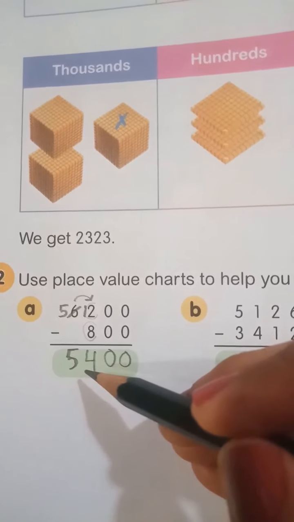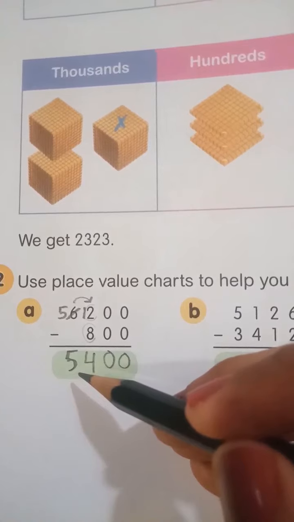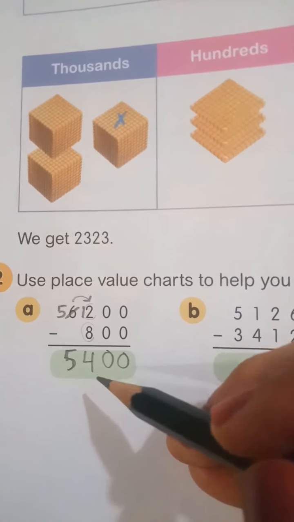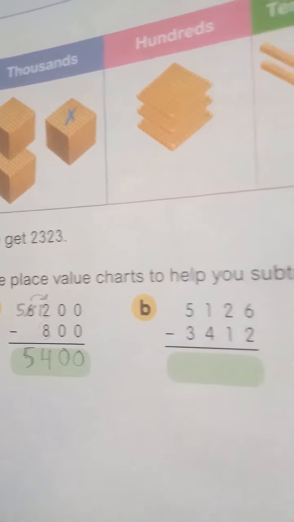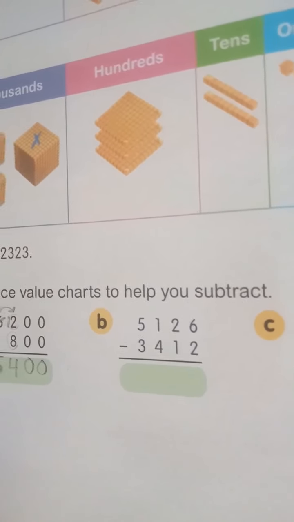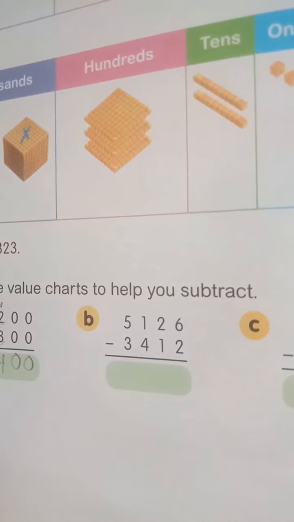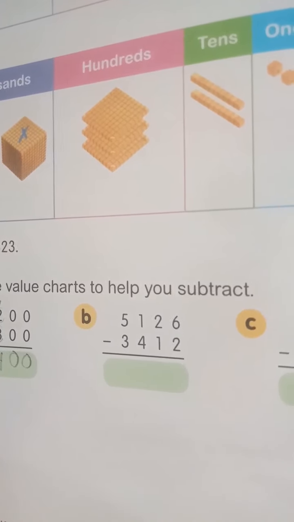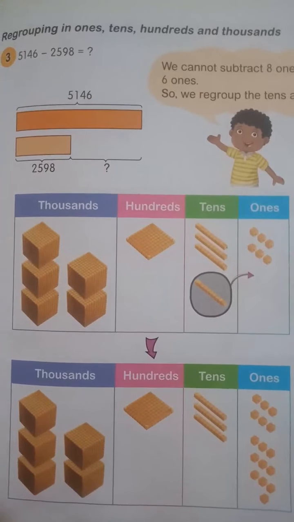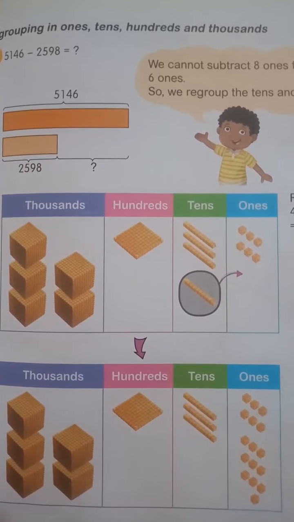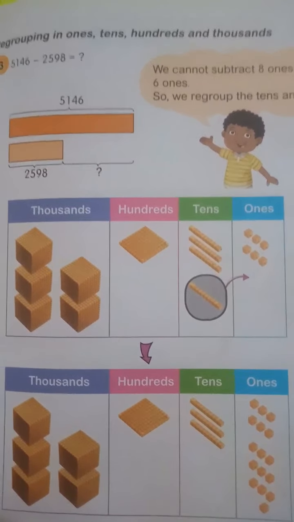The difference is 5,400. Please try another work, B and C. We regrouped in hundreds and thousands before.